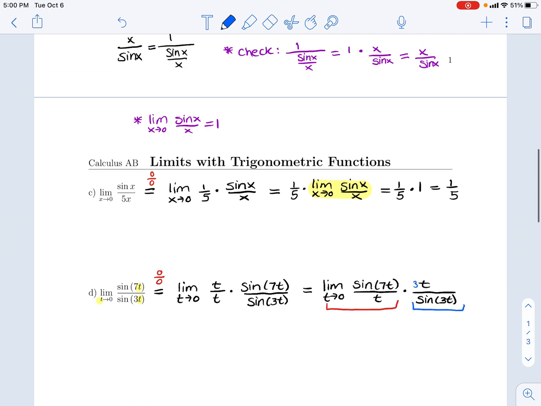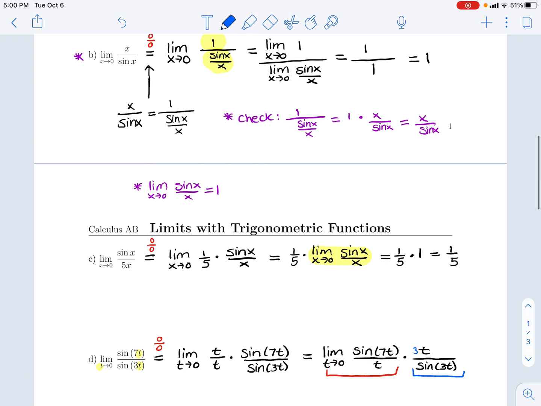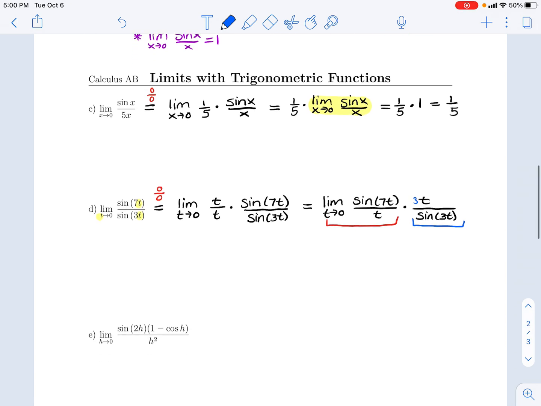Because then I can use what we did in part B and use the fact that the limit as x approaches 0 of x over sine of x equals 1. That looks very similar, because if I had a 3t there, then I can use that. It's the same idea where I have 3t over sine of 3t, and I would have that the limit as t approaches 0 of 3t over sine of 3t is equal to 1.